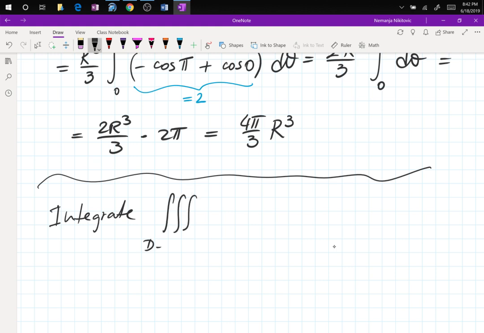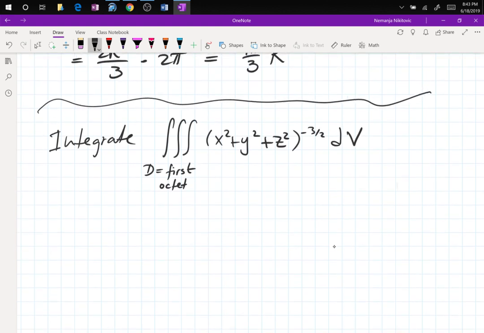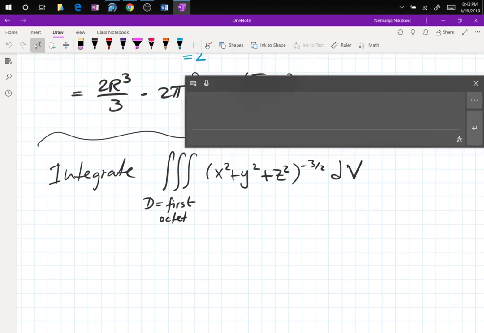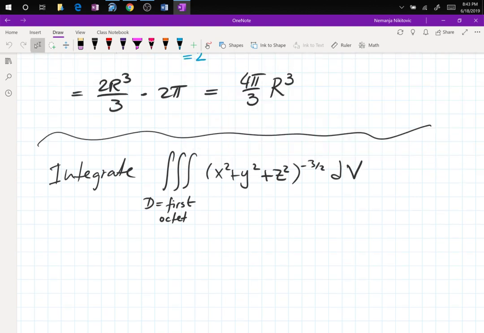The region D over here is equal to the first octant. Guys, that's positive x, positive y, positive z, right? It's 1/8 of the space. Of x squared plus y squared plus z squared raised to the -3/2 dv. So that's the problem. Note that you have a function inside, so you are dealing with a 4D situation. You have 3 integrals and then the function, so that's 4 dimensions.